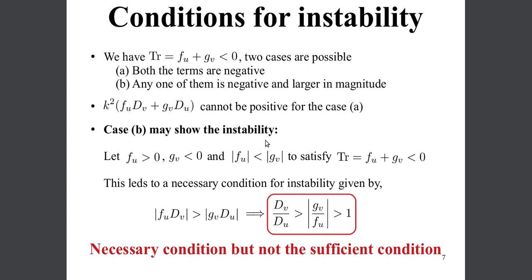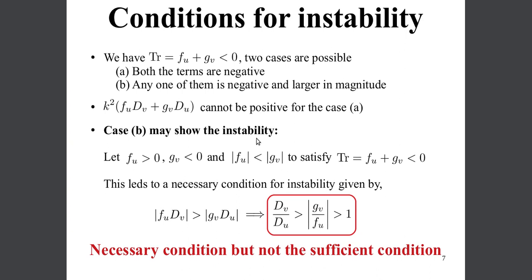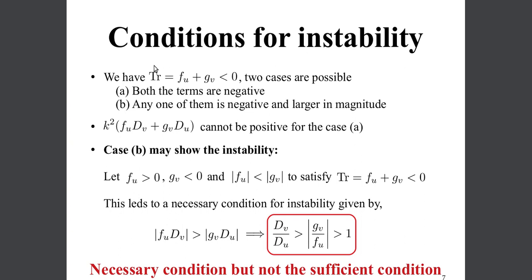So now we have this, the trace without diffusion is negative, that is fu plus gv. Now two cases are possible: both of the terms are negative, or any one of them is negative and another is positive, and whichever is negative, that magnitude must be larger.